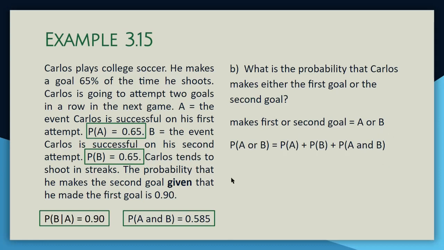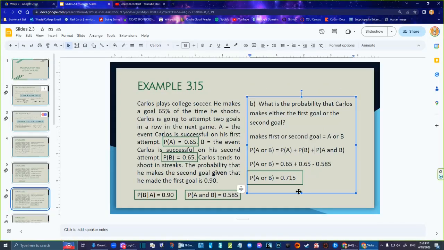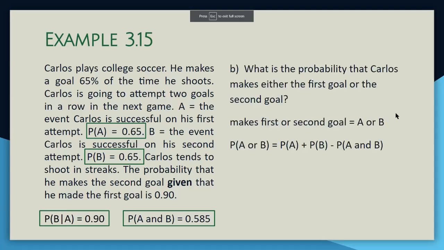And we know or means add. And our addition rule is P(A or B) is P(A) plus P(B), minus P(A and B). So we know that individually, the probability that he makes a shot is 0.65.